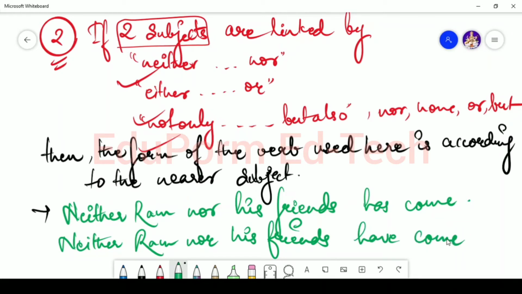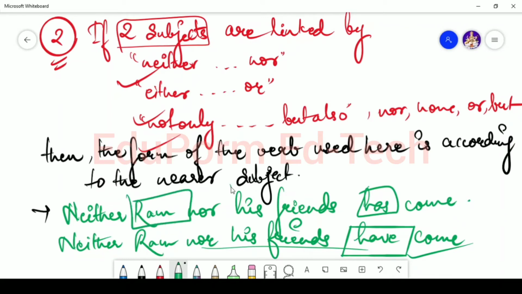So if you see here, the second form of the sentence is correct, because the form of the verb used here is has or have. This has or have is basically going to be used according to the nearer subject. Out of these two, one is Ram and another one is his friends.